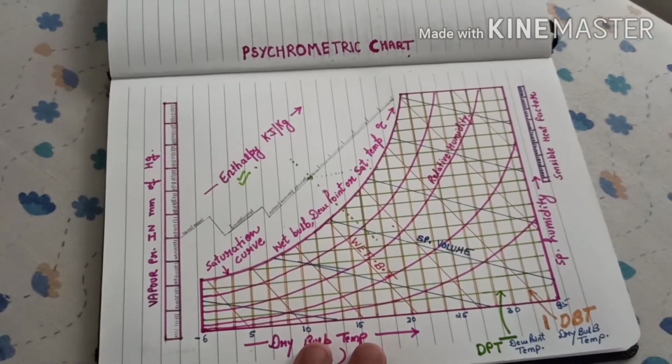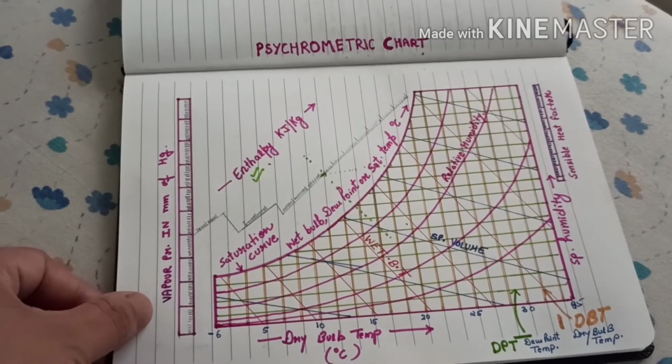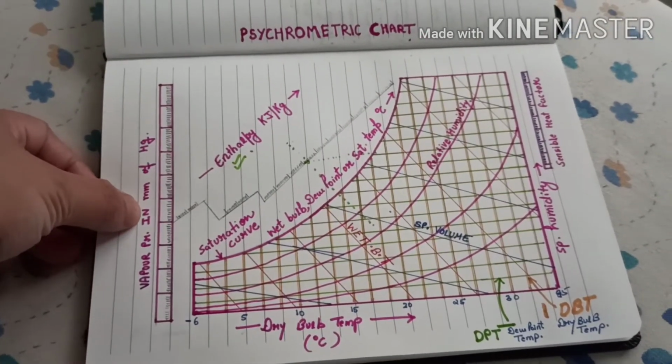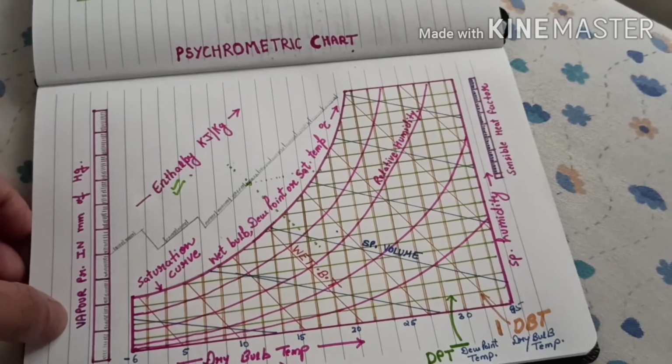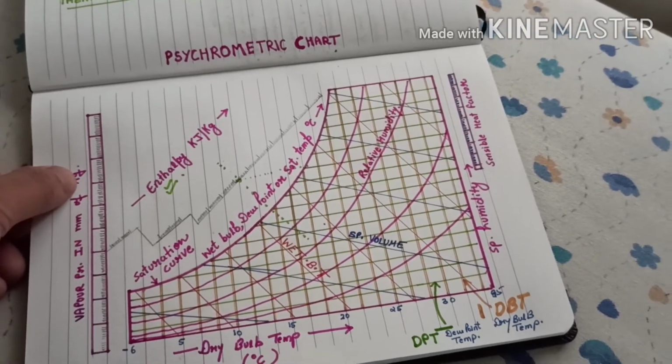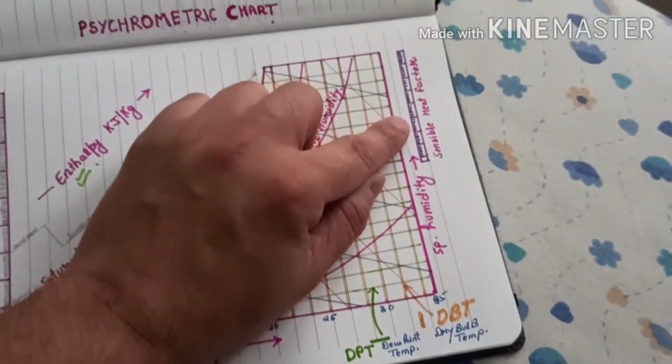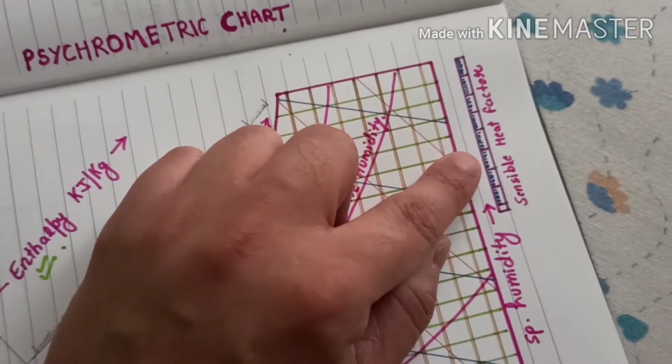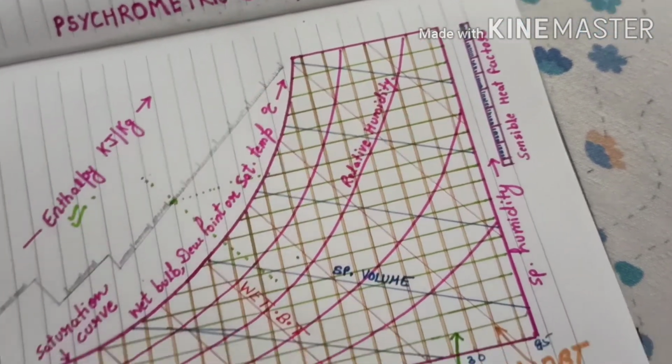This whole chart is represented in mm of Hg, that means vapor pressure in mm of Hg. Here is a sensible heat factor scale.